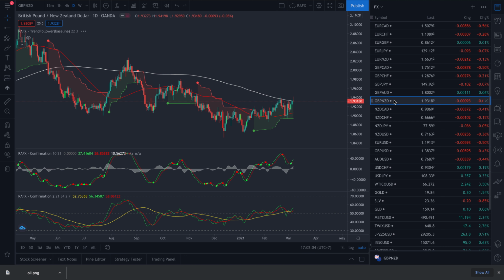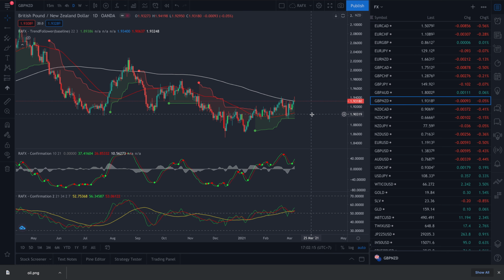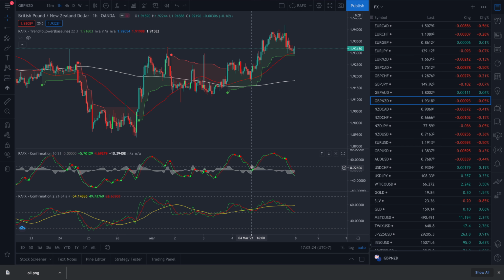So for GBP NZD, the same. By looking at it at a glance, the trend is downtrend and the price is definitely on the market structure. So we are going to look for a short trade, but the 1 hour time frame doesn't agree with us because it's still on the long signal.